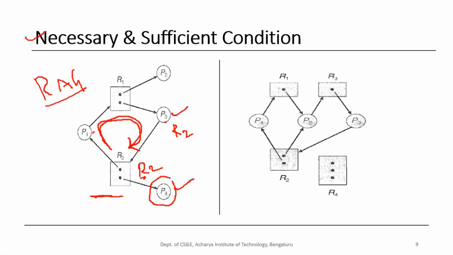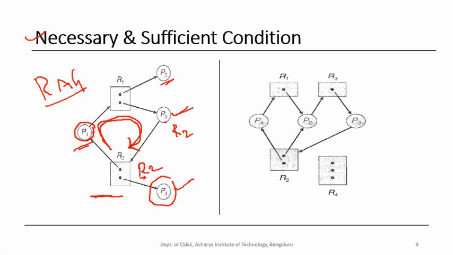P4 completes first, P3 completes and releases R1, which can be used by P1, and P1 can also complete. P2 can also complete because it just needs R1 and it has R1. So there will be progression and there will not be any deadlock.